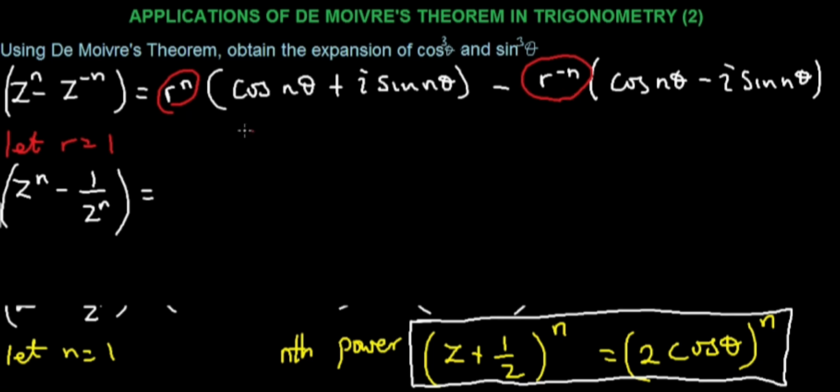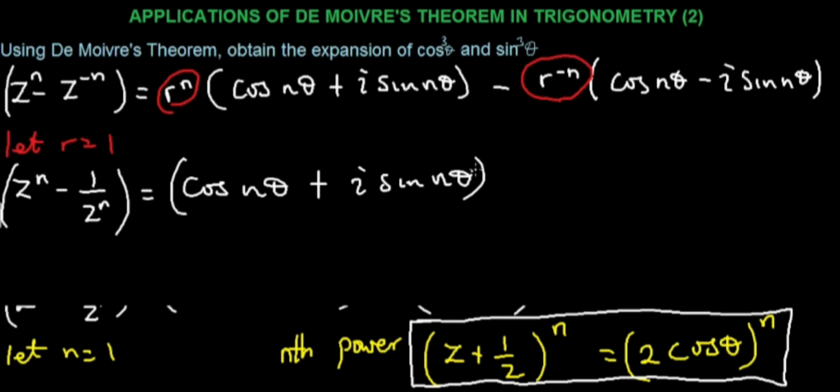So what I'll do is open the bracket: cos n theta plus i sin n theta, minus cos n theta plus i sin n theta, which shows that this cancels this.